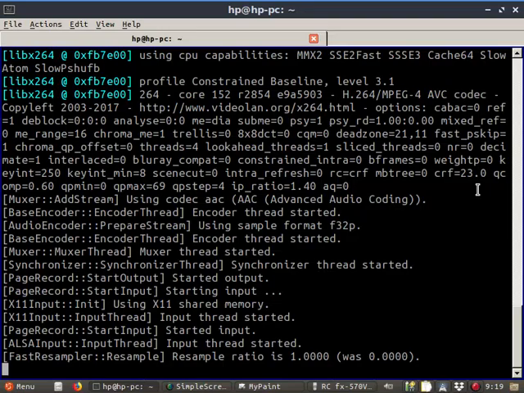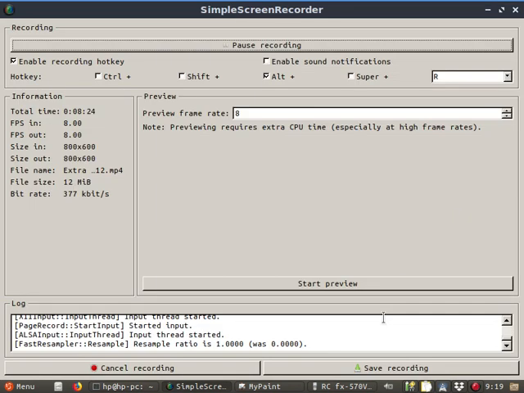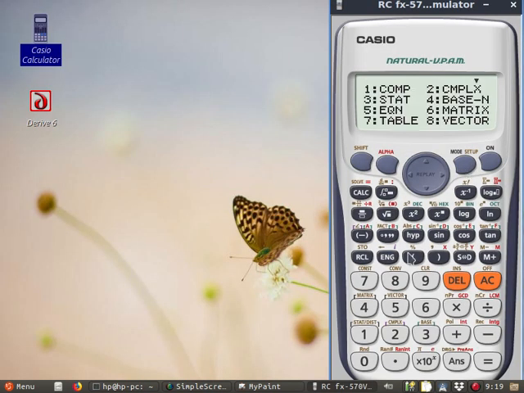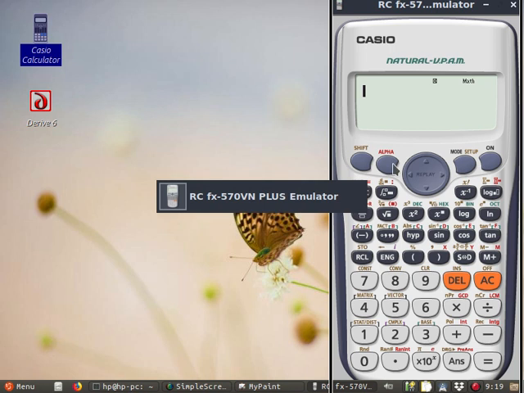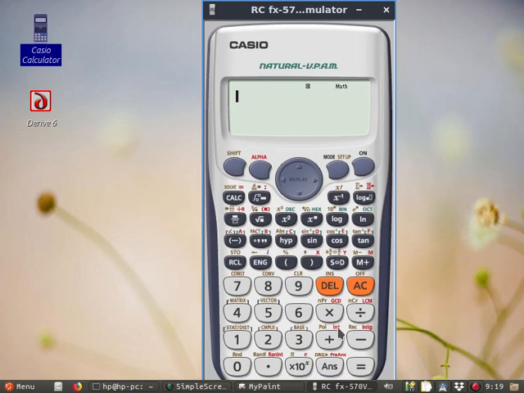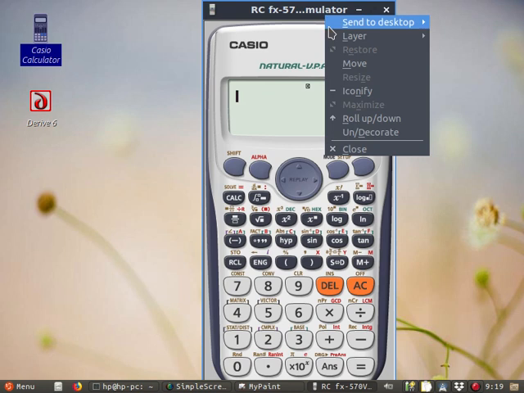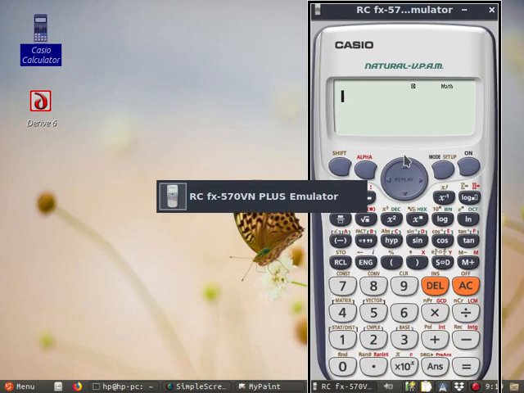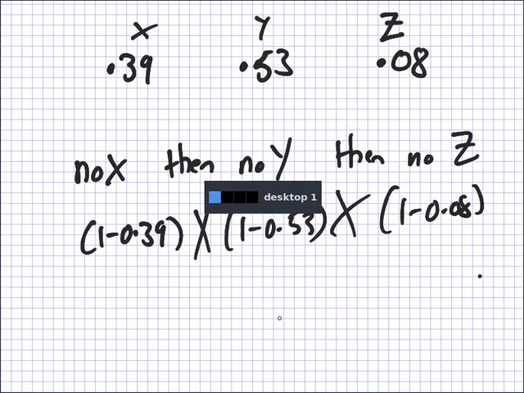Alright, so let's just type these in. My calculator, where'd it go? Desktop. Okay. Something weird happened.